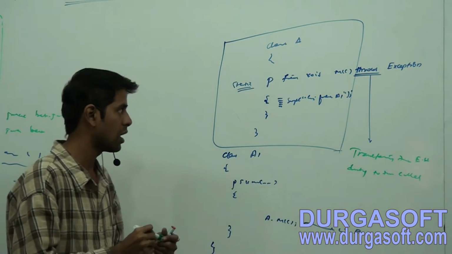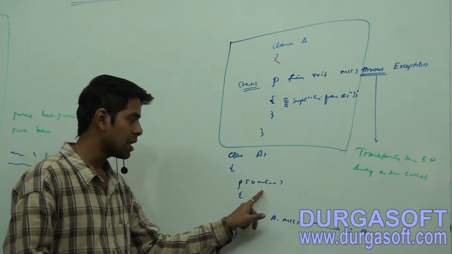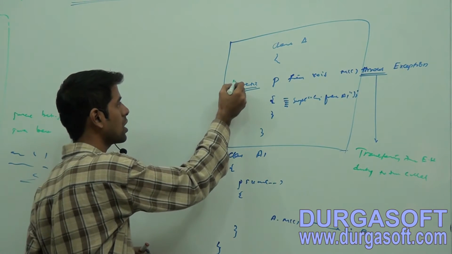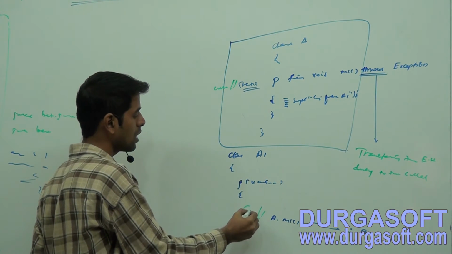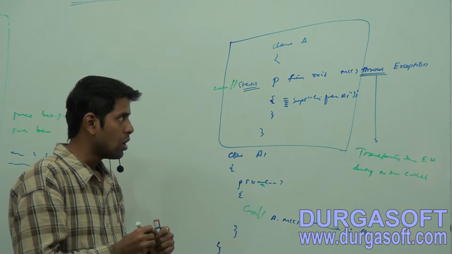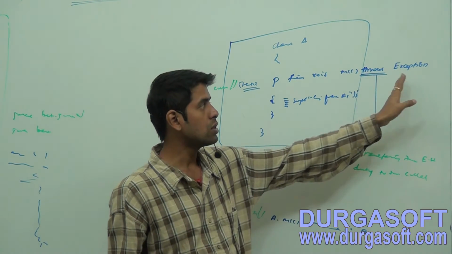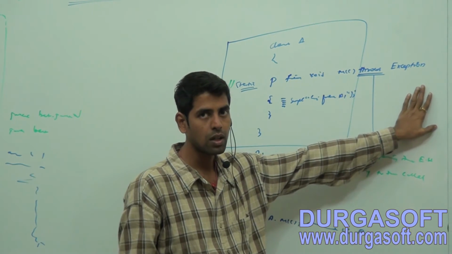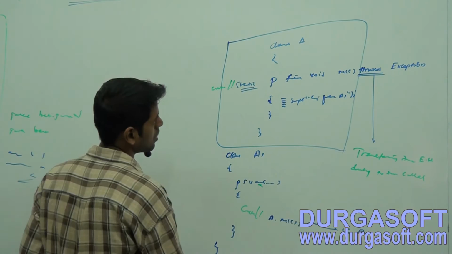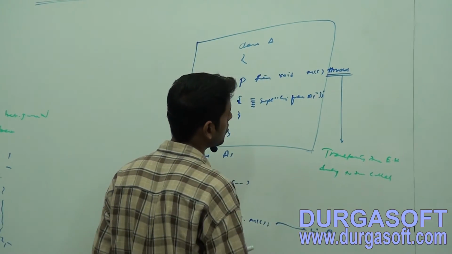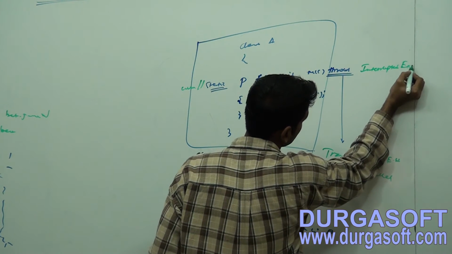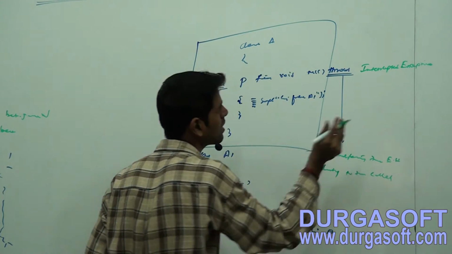Now the main method is the caller of m1, and m1 is the callee. Think that it throws an exception. Instead of Exception, let me go with InterruptedException. This is also one of the class names.